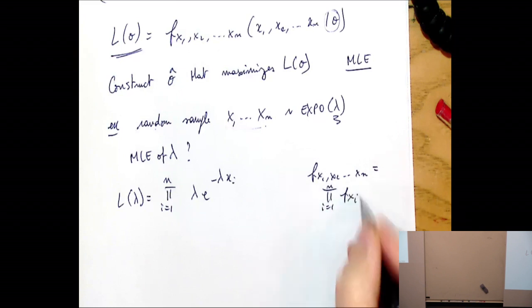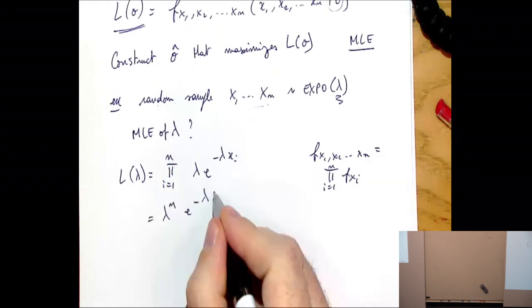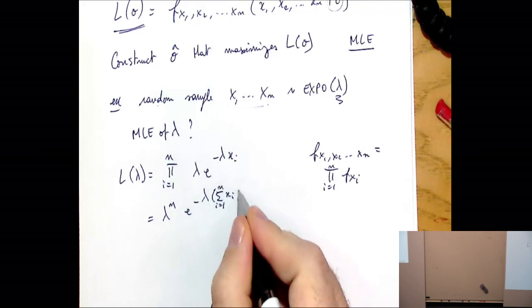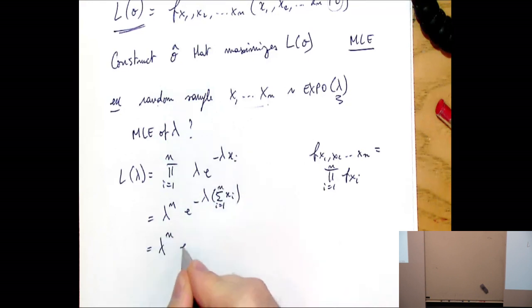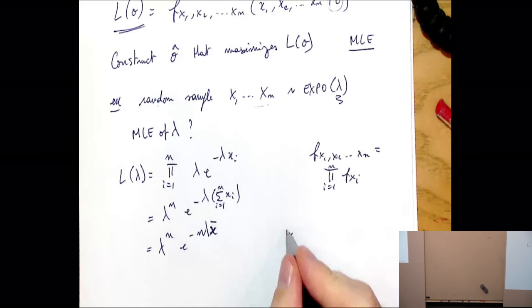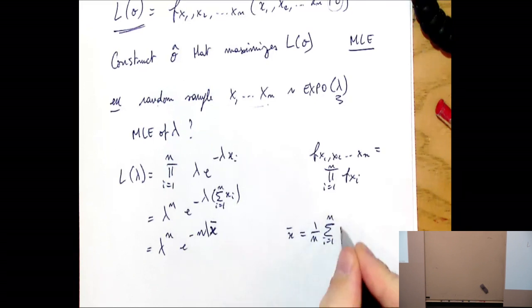So this is lambda to the n e to the minus lambda sum of xi from 1 to n. This is lambda to the n e to the minus lambda n x bar, where x bar here is 1 over n sum from 1 to n of xi.